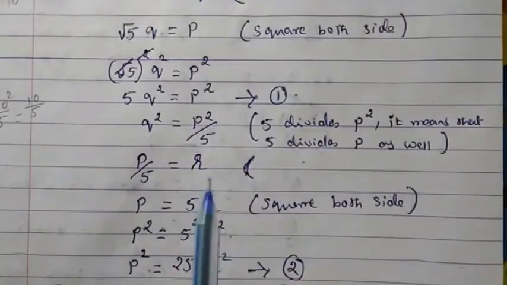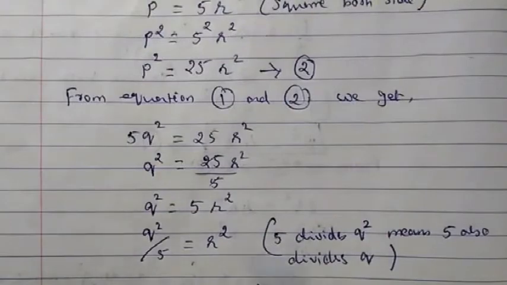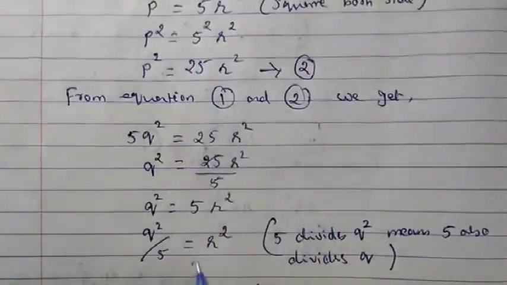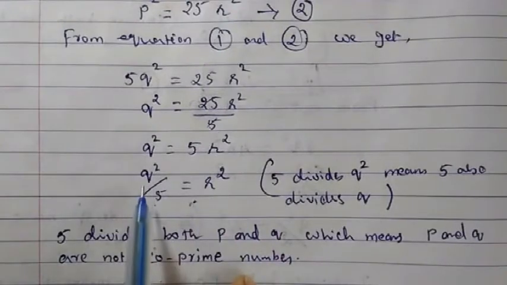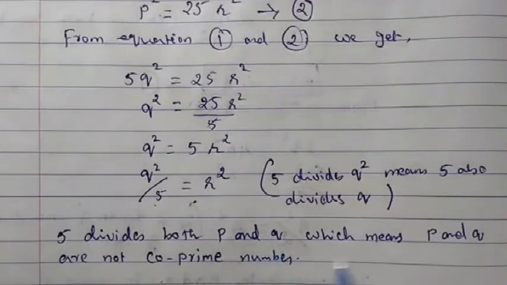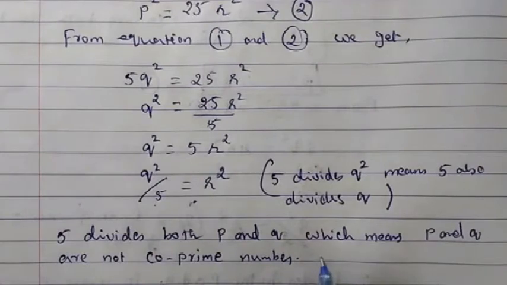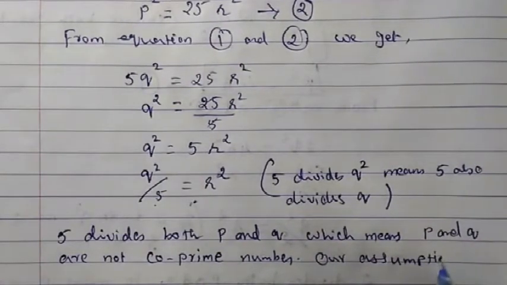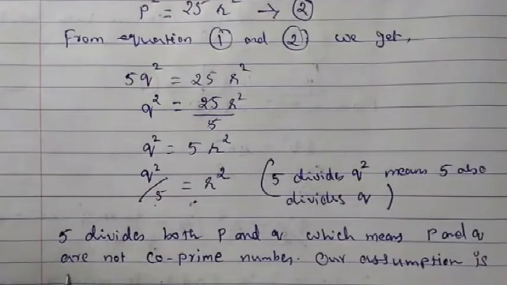But then we saw here 5 is dividing p square, and here 5 is dividing q square. That means 5 divides both p and q. So that means p and q are not co-prime numbers. So if they are not co-prime numbers, that means our assumption is wrong.